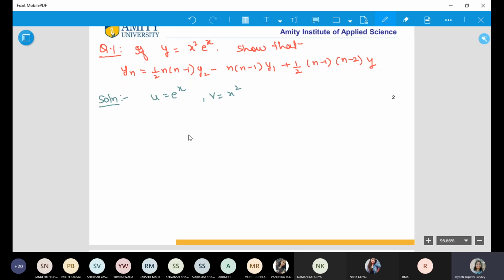So the first thing that we have to do is to find y_n. So y is e to the power x into x square. What will be y_n? You apply Leibniz. You will mention differentiating using Leibniz theorem.